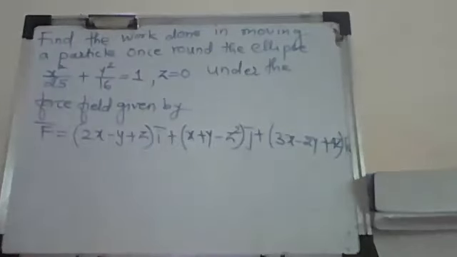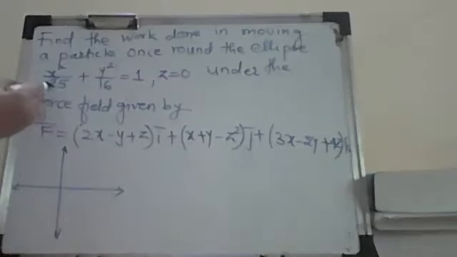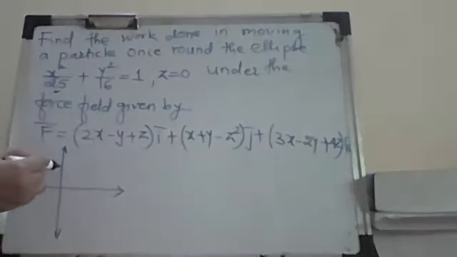Now what is given to you is that I have to find the work done in moving a particle once around the ellipse. So what is the curve given? The curve is given as an ellipse. And one more thing is given along with that: it is a two-dimensional diagram because z is 0, that means it lies on the z equal to 0 plane. You can see that the value of a is greater than b, so it will look like this.